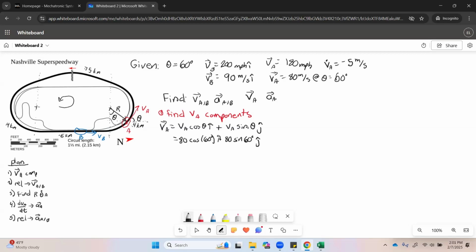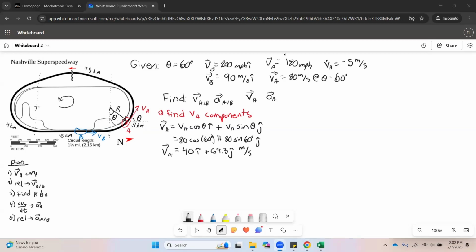Put that into your calculator, see what you get. So VA equals 40 i hat plus 69.3 j hat meters per second. And as a reality check, we can see that this velocity direction for VA is positive X and positive Y. So that should make sense.